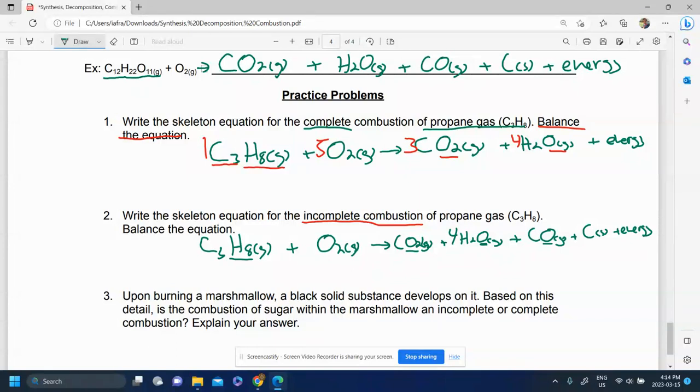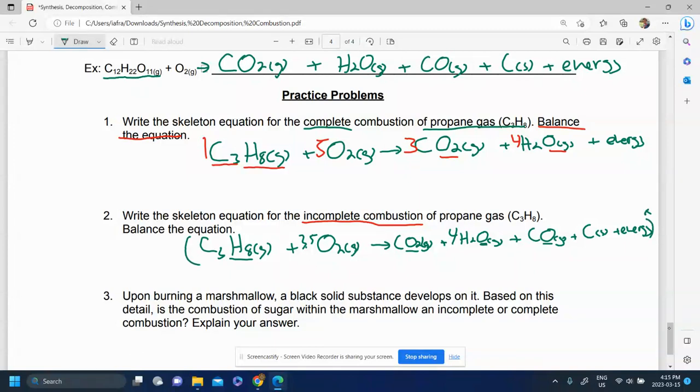So I need to somehow manipulate the equation to allow me to get 7 oxygens on the left side. There's a couple ways you can do that. You can do the trick we learned earlier. You can do 3.5 and then multiply everything by 2.